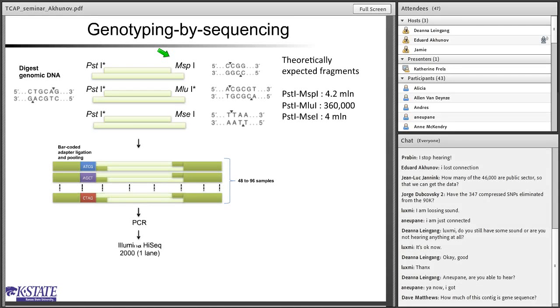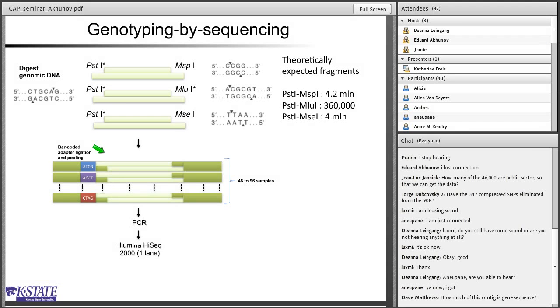Then all these libraries are barcoded so that you can mix together from 48 to 96 samples. After PCR, these samples are loaded into one lane of HiSeq 2000, and then this data can be compared with the sequences of the tags.